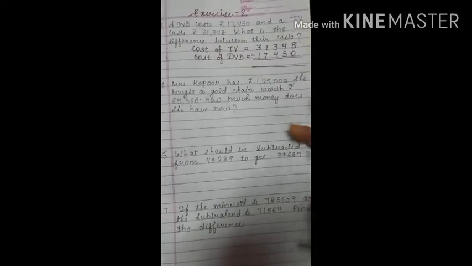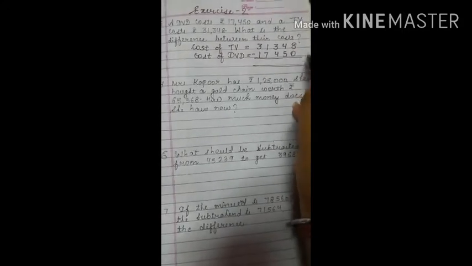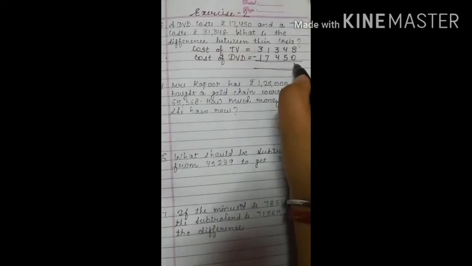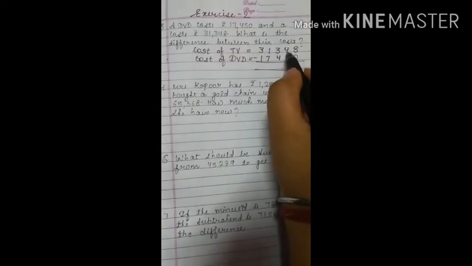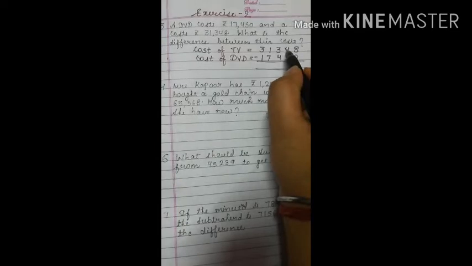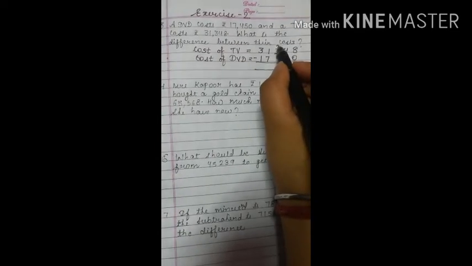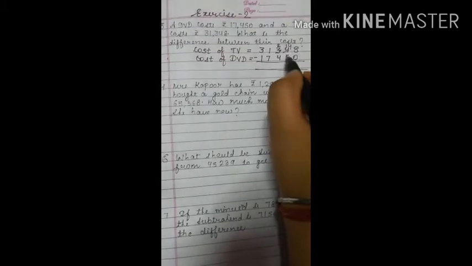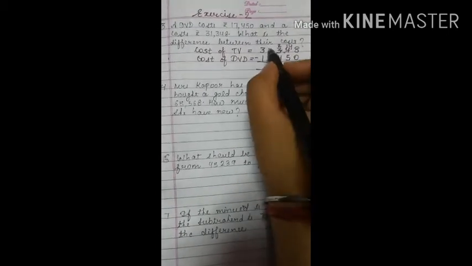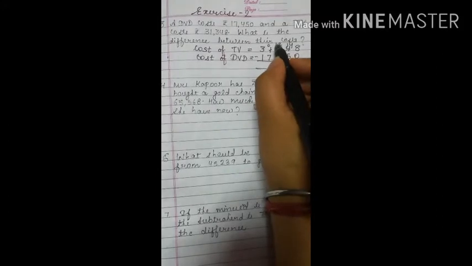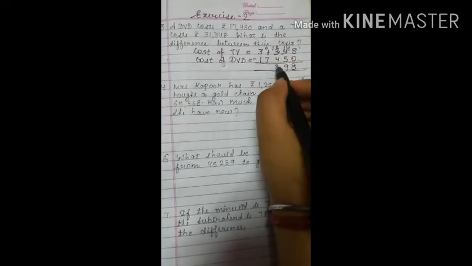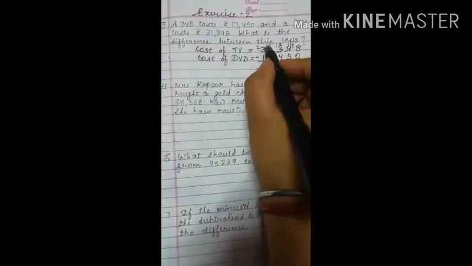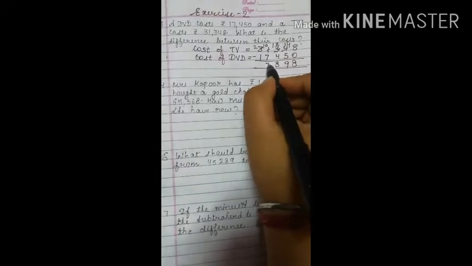Now subtraction, we will start from the ones place. 8 minus 0 is 8. 4, we cannot subtract 5 from 4, so 4 will borrow from 3 and this will become 2 and this will become 14. Now 14 minus 5 is 9. Here we have 0. 12 minus 4 is 8. This is 2 and 10 minus 7 is 3.